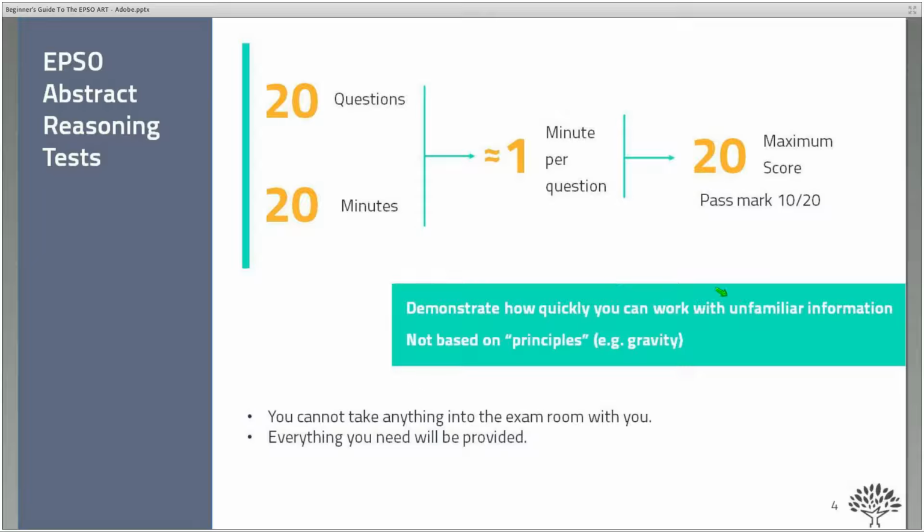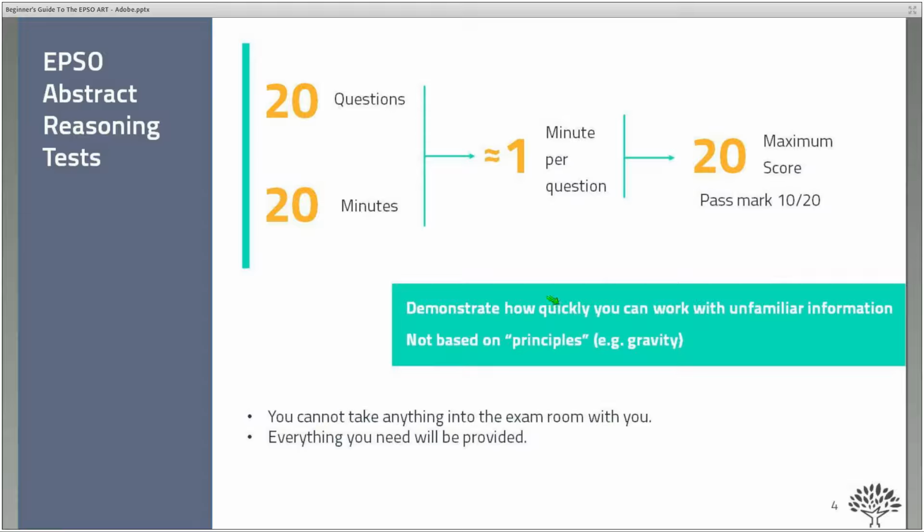So if you're quick to work with these abstract concepts, you might be quick at things like following flow charts, understanding complicated diagrams. You might be good at working in spreadsheets, for example, which aren't all about numbers. So it measures an important skill, and that's why EPSO chooses to use it.